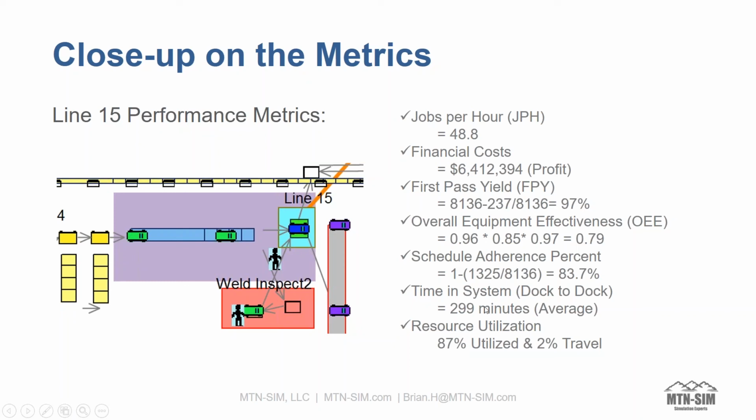The timing system, or the dock, we're showing an average of 299 minutes in the system. And this particular asset right here might have an overall availability of 87%, might be deemed as high, and 2% travel, so traveling between line 15 and the inspect if he's actually doing that shared task.